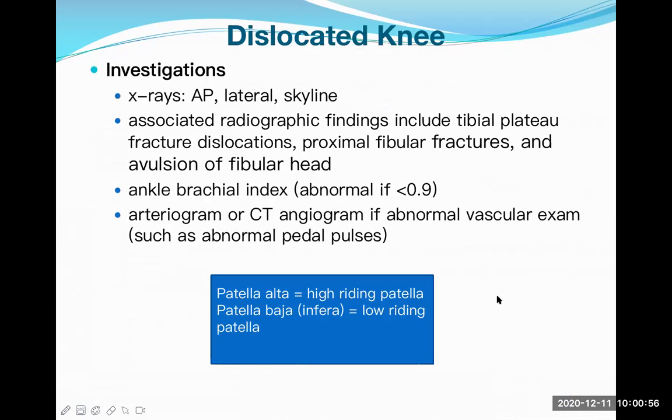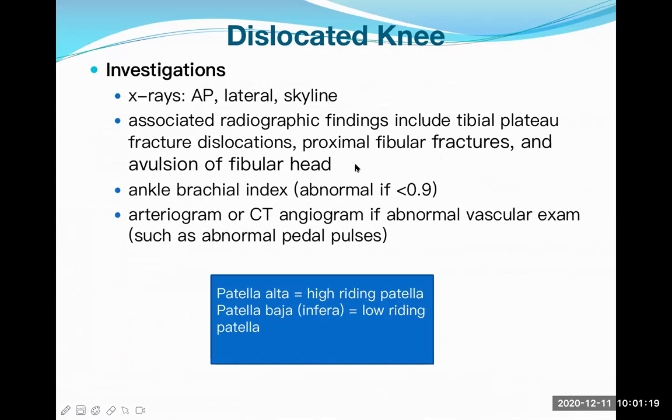Now, regarding the investigation, we can take an X-ray: AP view, lateral view, and skyline view, meaning the X-ray beams are passed from above. The radiography may show some associated fractures if they are present there. That is an extra advantage of taking an X-ray.